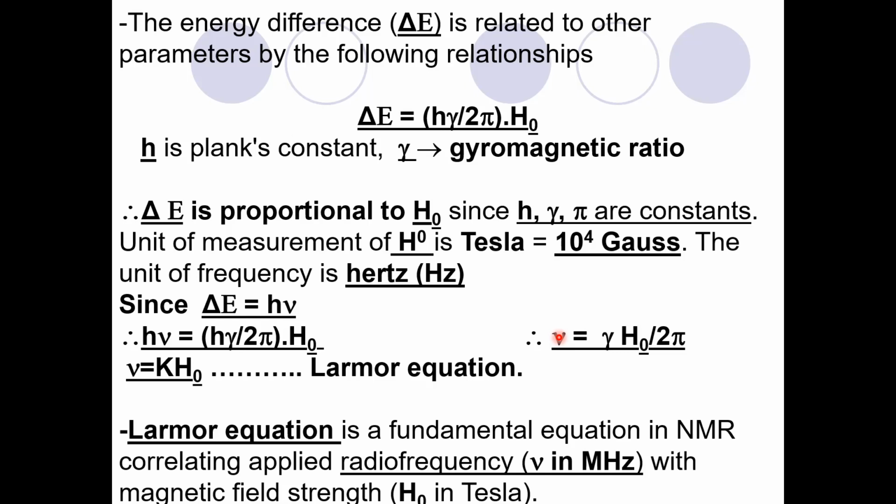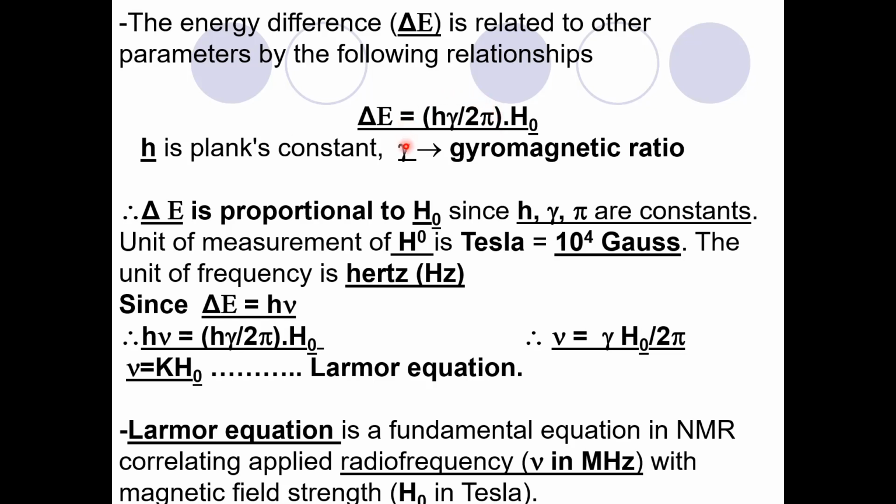The delta E, or energy difference between the high energy anti-parallel spin state and the low energy parallel spin state, is equal to h gamma over 2 pi multiplied by H naught. h is the Planck constant, gamma is the gyromagnetic ratio, and pi is a mathematical constant.